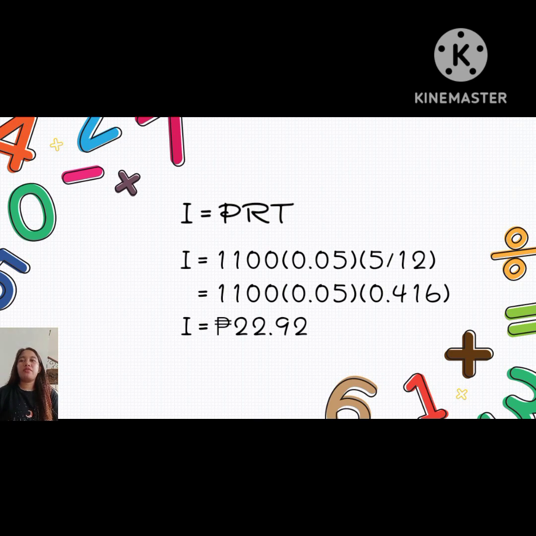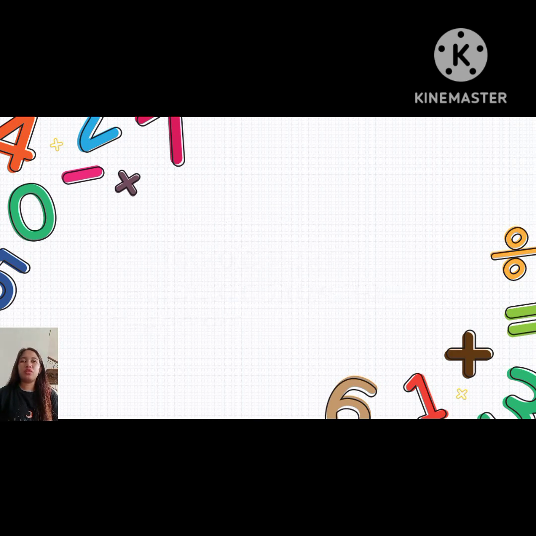So we have the final answer of 22.92 pesos. For Julio to pay back Maria, he must reimburse her for the 1,100 pesos principal borrowed plus the additional 22.92 pesos of simple interest as per their agreement.